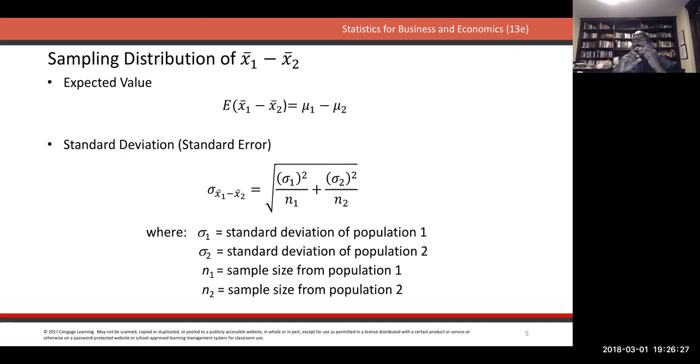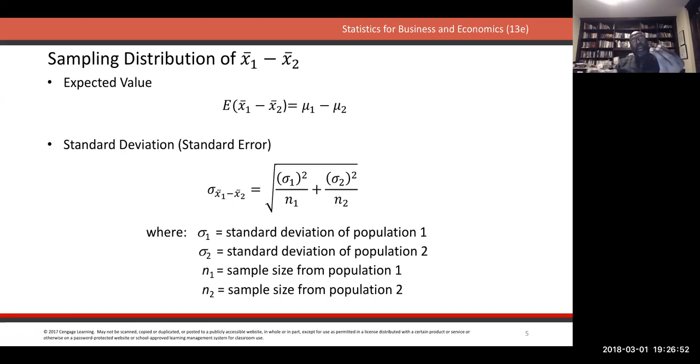And we used Z or T depending on whether or not we knew sigma, the population standard deviation. When we did not know the population standard deviation, we used S and a T distribution. When we knew the population standard deviation, we used the normal distribution Z.